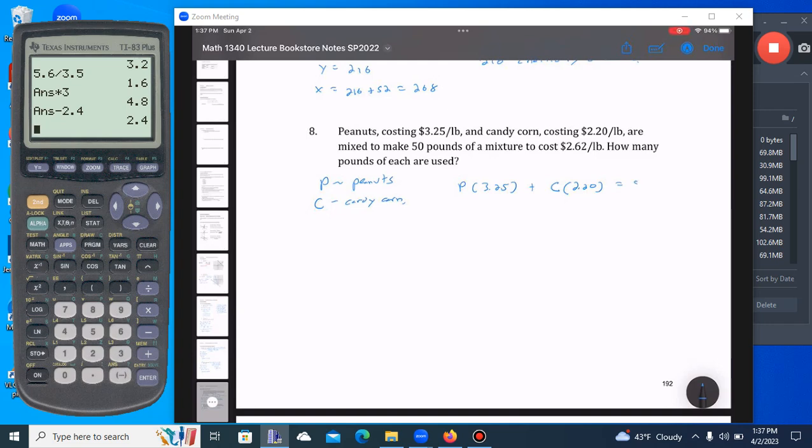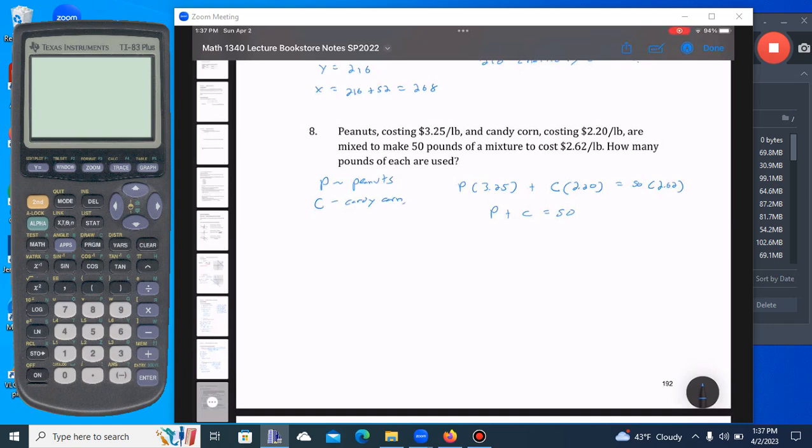So we'll do 50 pounds times 2.62, and that's the cost of the total amount of pounds. That's actually the harder equation to get. The other equation is P pounds of peanuts plus C pounds of candy corn has to equal 50 pounds.